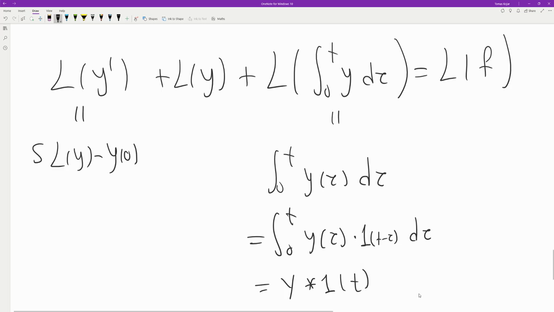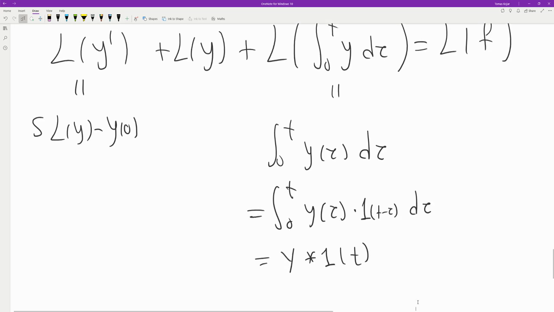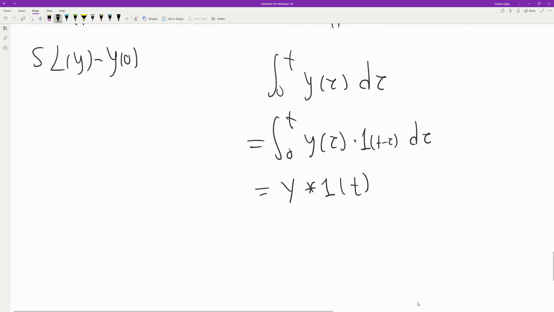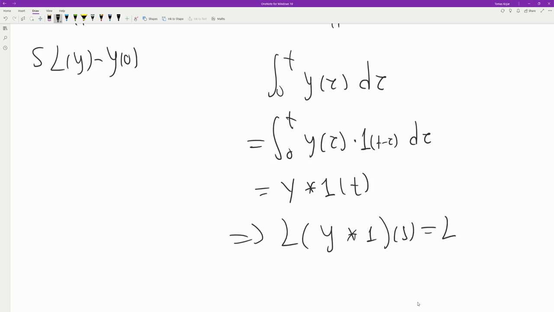Okay, and we already know what this is. L of y star 1 is just the Laplace transform of y times the Laplace transform of 1.